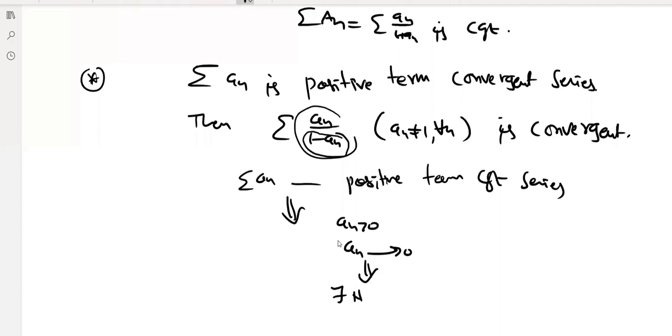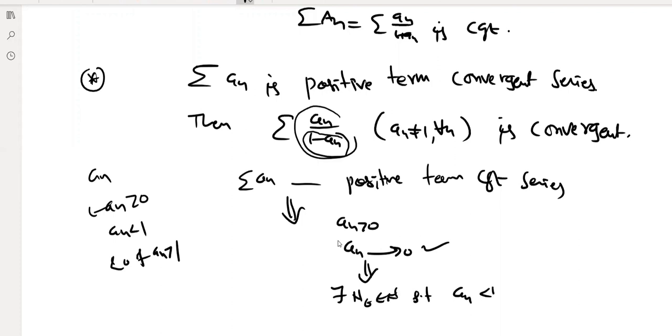Understand? The limit comparison test is applicable only for positive term series. An is positive, okay. What about 1 minus An? This is positive whenever An is less than 1. This is less than 0 whenever An is bigger than 1. So it depends upon the An values. Now what I do is I need to restrict An. Why? Because An converges to 0. So after some stage, An is less than 1 after the N naught stage.